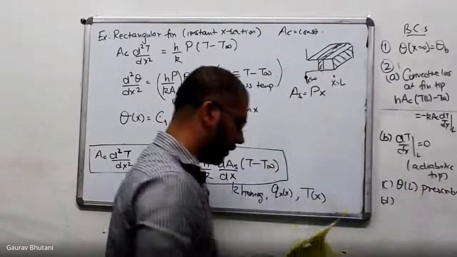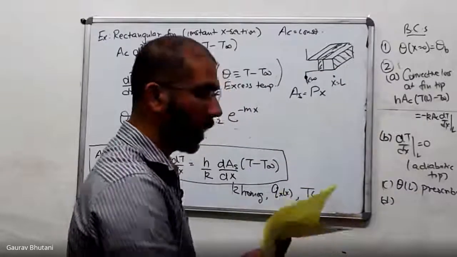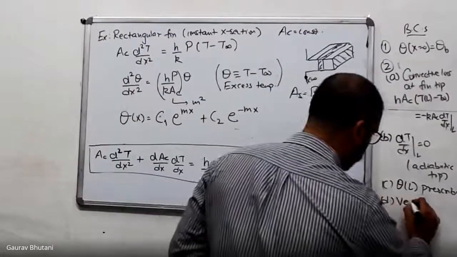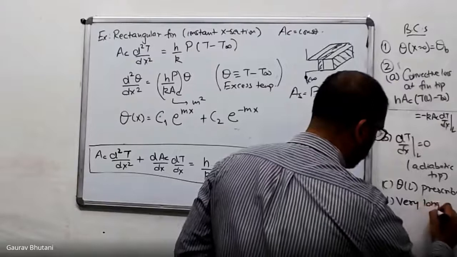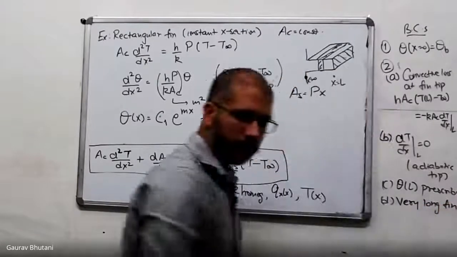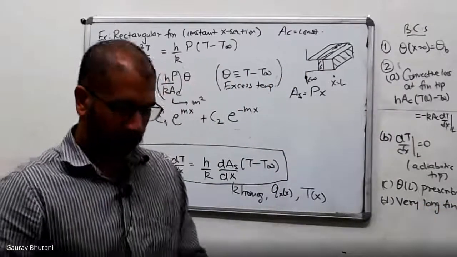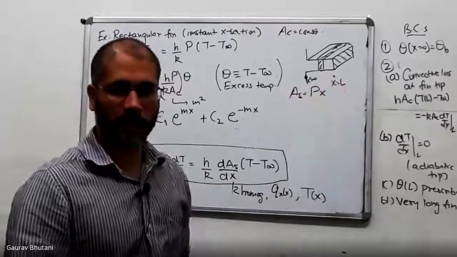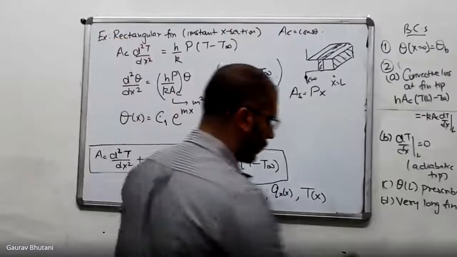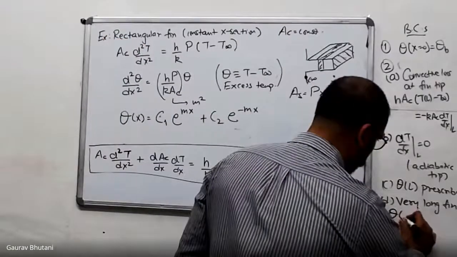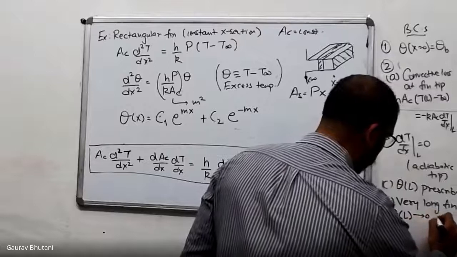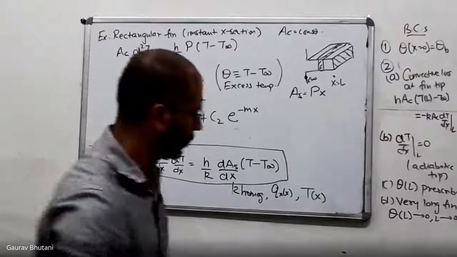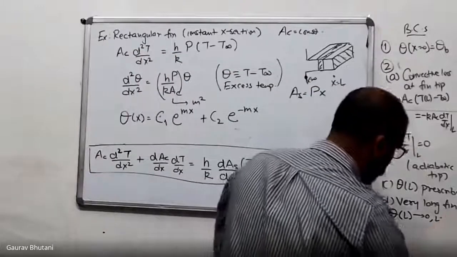And the last one is the condition where you have a very long fin. What that means is the length of the fin L is very long, so it tends to infinity. The boundary condition you can use is theta L tends to 0 as L tends to infinity.